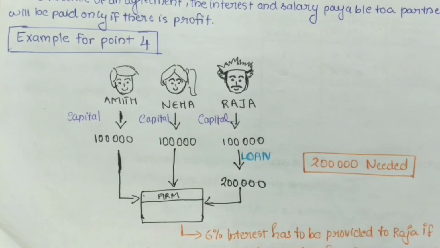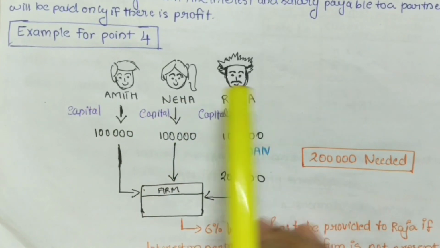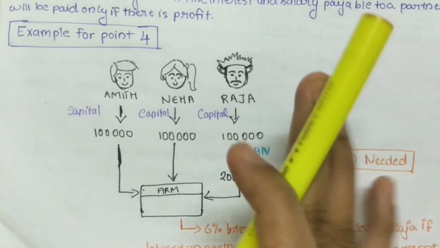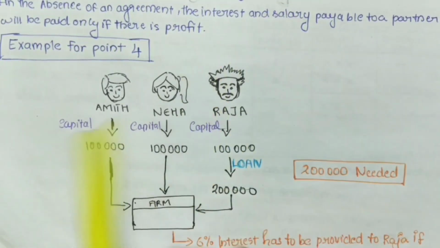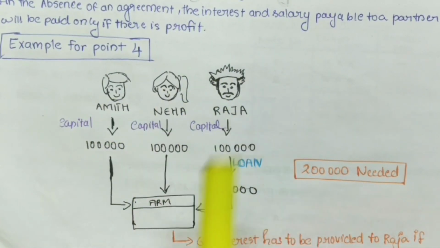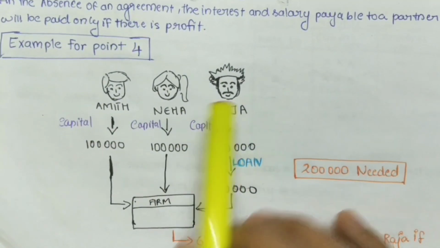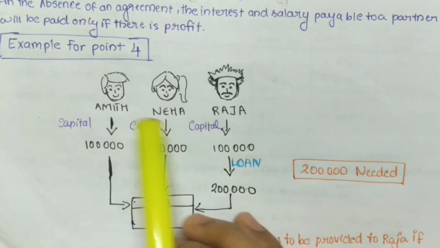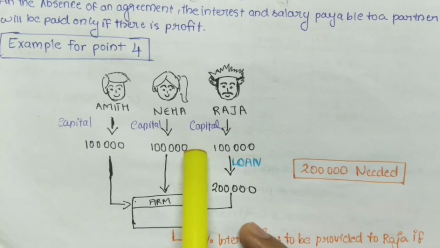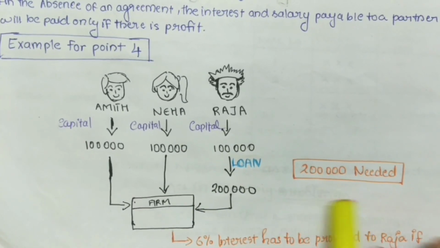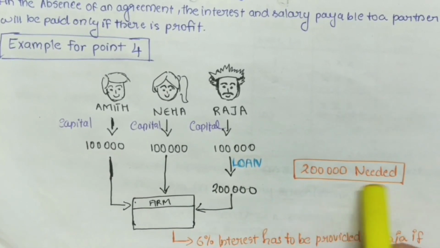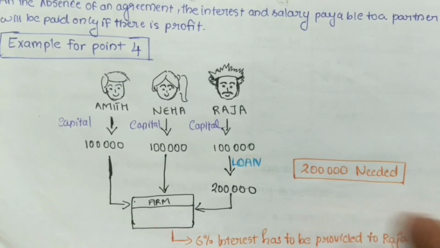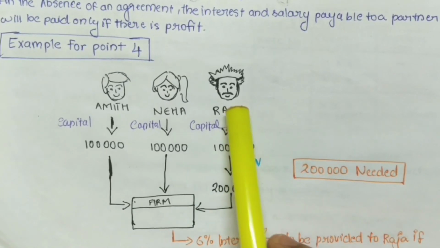Now the firm has to give interest to Raja. Let's say in the partnership deed there was no point regarding interest on the partner's loan. So what will happen in such cases? In the absence of a partnership deed, the firm has to give 6% interest per annum on the loan which was provided by the partner.